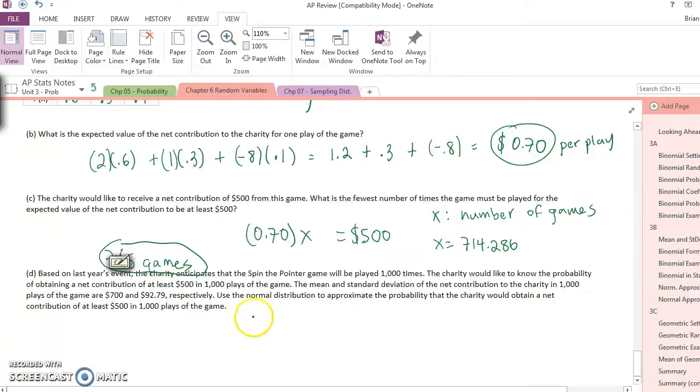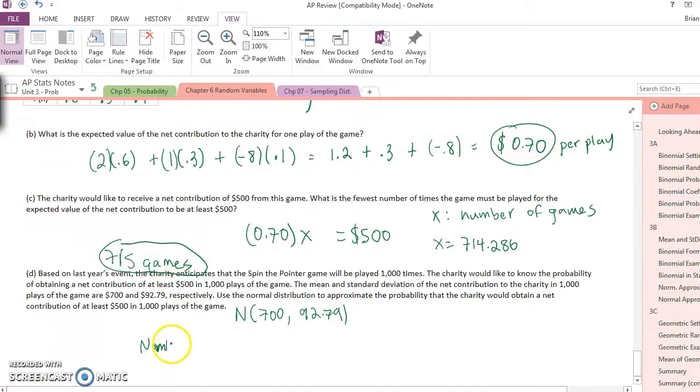So the first thing that you should probably say is that this is a normal distribution with a mean of 700 and a standard deviation of 792.79. Actually, I don't think that that's necessary, but you might as well write more rather than write less. And in this case, since they tell you the mean and standard deviation, you just have to use normal CDF.